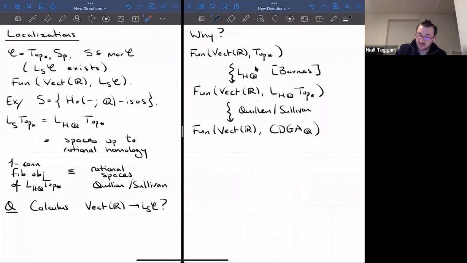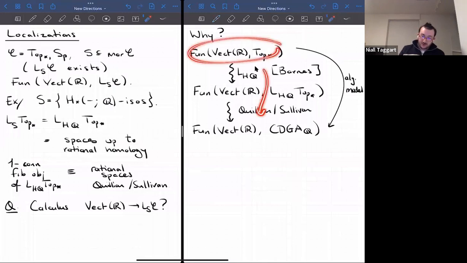I mean, maybe you want to take some Lie model here instead of CDGAs, but whichever. And you can ask, does this composite somehow give you an algebraic model? So if you were to do a calculus up here and transport it down here, is it the same thing as essentially transporting it here and doing the calculus on this category?